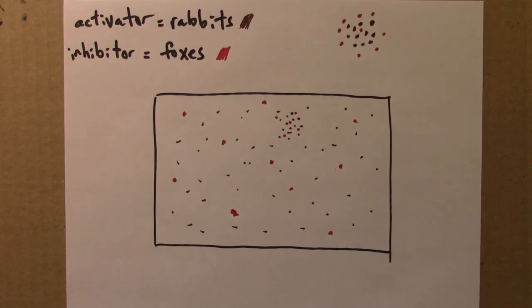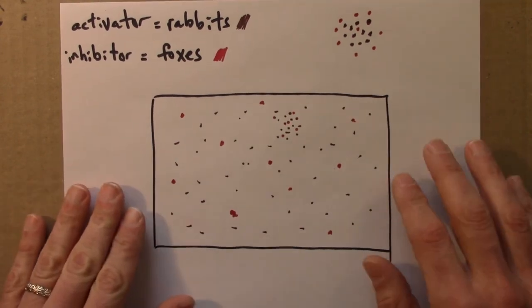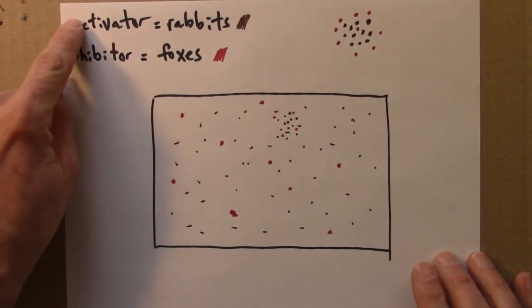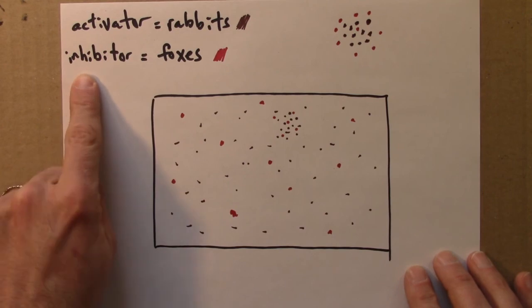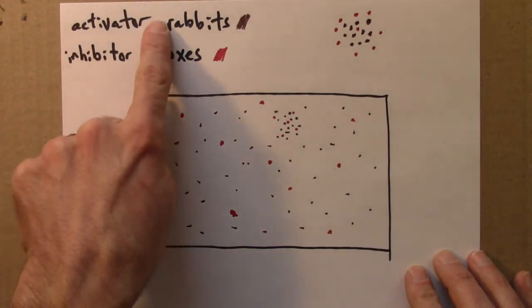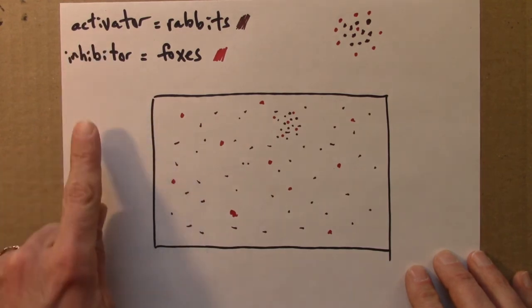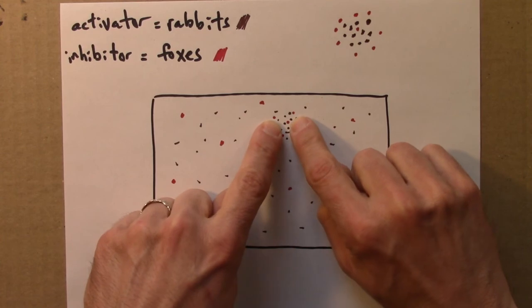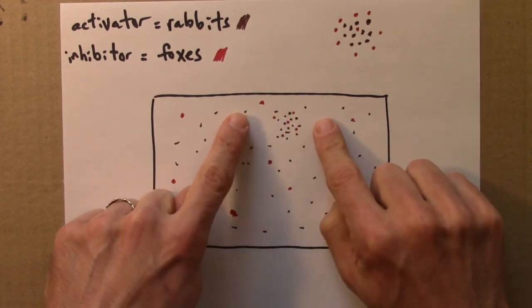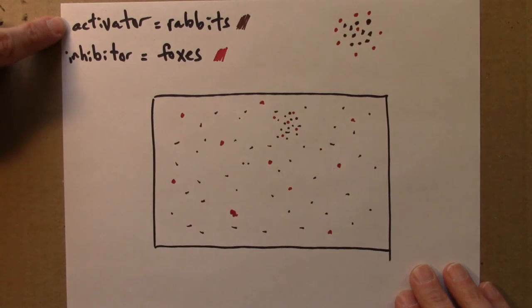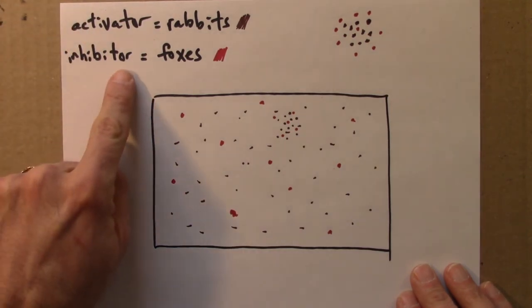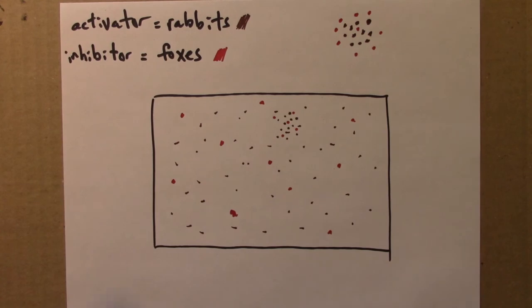So this has not been a precise mathematical argument at all, but the main thing I'm trying to suggest is that when you have an activator and an inhibitor, an activator activates itself, you can get some sort of runaway behavior, but then you also have an inhibitor that starts out around where all the rabbits are, but spreads out faster. Those two sorts of things, an unstable growth in the activator, unstable meaning it's growing very rapidly, but an inhibitor that moves faster can create spatial structures.